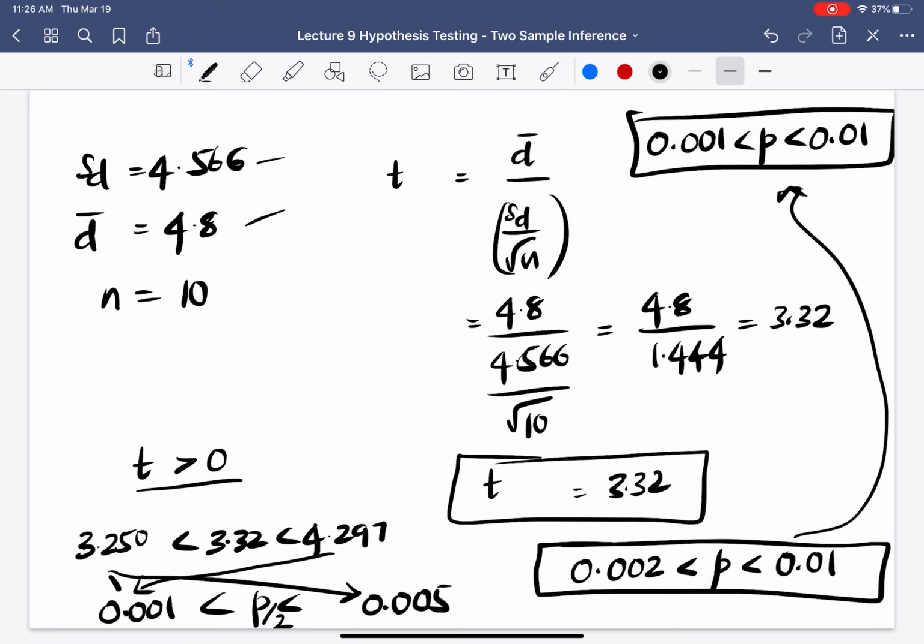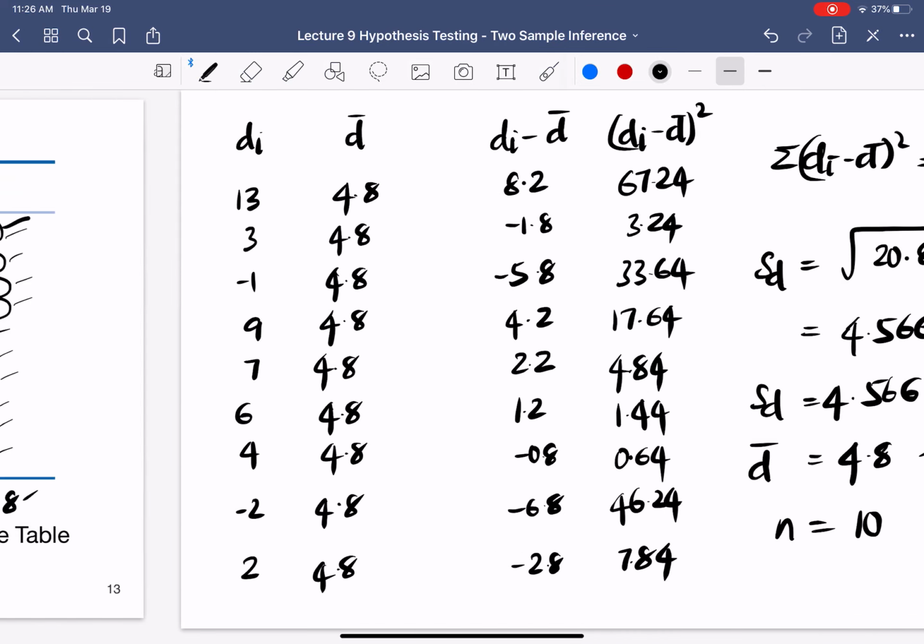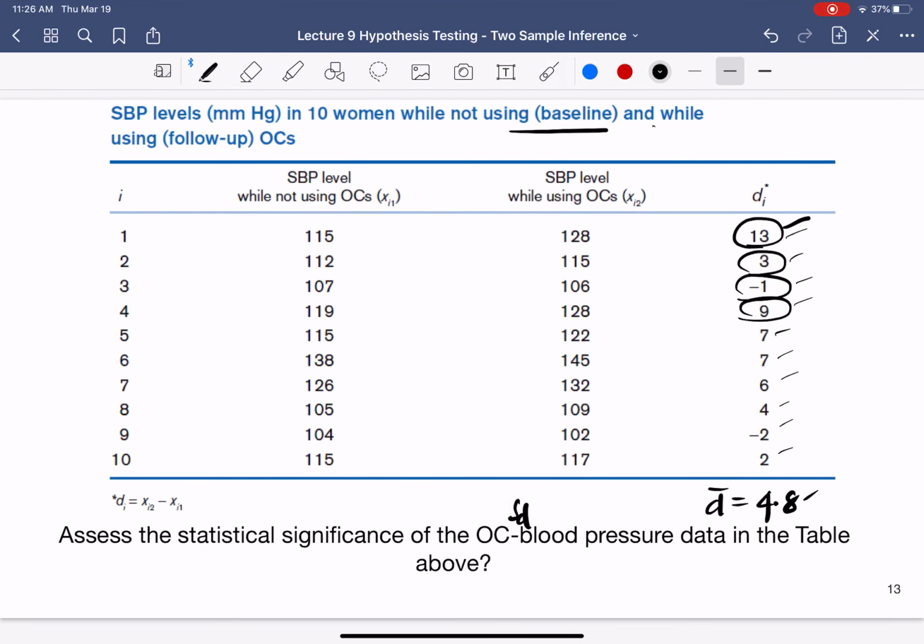So now we can say that we reject H0 and we consider here that there is a highly significant difference between baseline and follow-up. So the problem here refers to the baseline value and the follow-up value for oral contraceptives in 10 women. So the H0 here becomes no difference, H1 becomes difference.